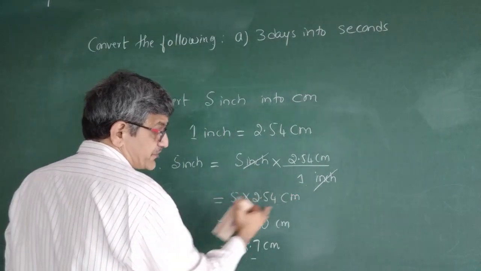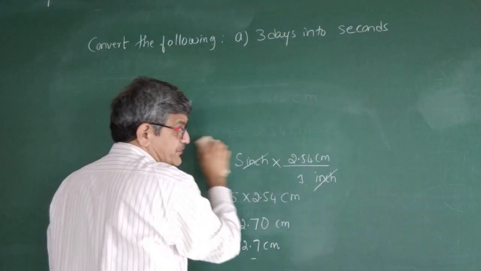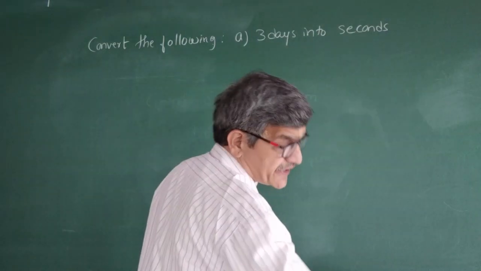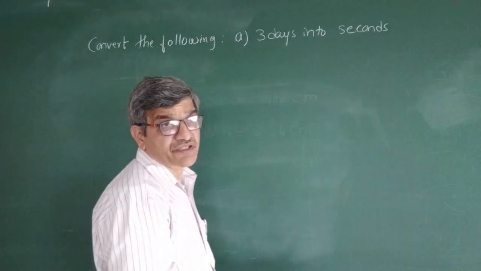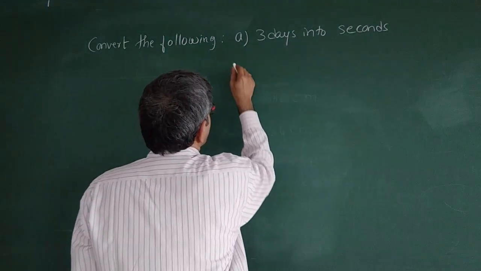In terms of this you have to work. Days you have to convert first into hours. Days have to be converted into hours. Then you have to convert it into minutes. Then you have to convert it into seconds. In that way you have to do.